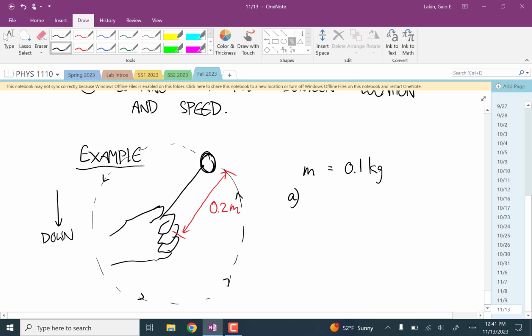So first, let's figure out the slowest the mass can be moving at the top of the circle to maintain this circular motion.